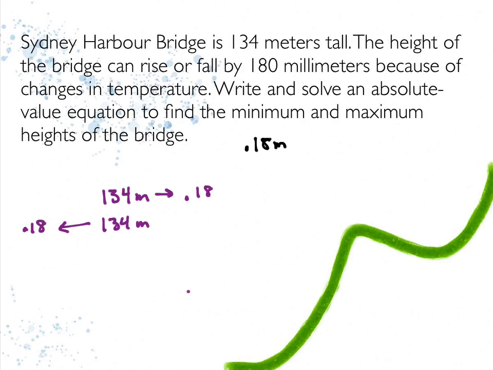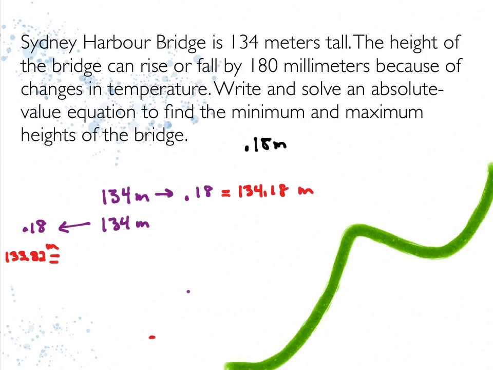So let's just really quick figure out what those values are. 134 plus 0.18 is going to equal 134.18. Fair enough, I'm just taking that and adding it on. If I'm going to take 134 minus 0.18, that's going to give me 133.82. These are in meters.